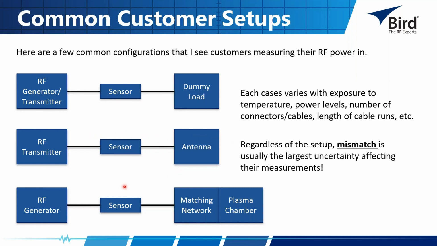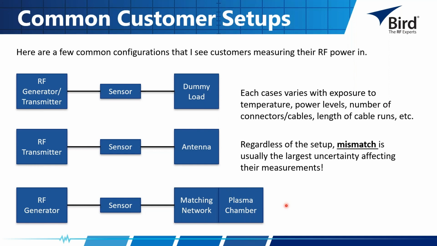In a lot of the manufacturing environments, especially on the semiconductor side, I'll see guys do RF generator, sensor, and then a matching network to help reduce some of the mismatch between the generator and the plasma chamber.